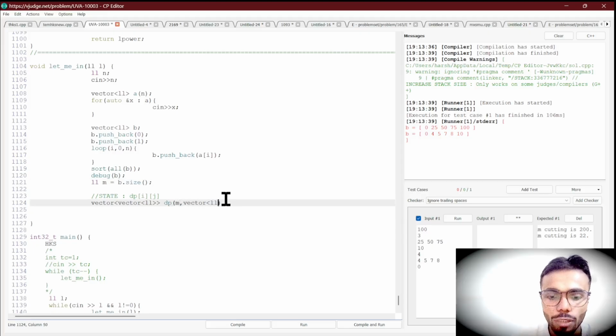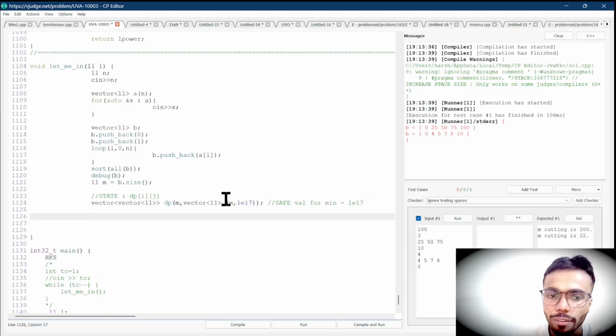And what do we initialize? Since I need to find the minimum cost, what would be the safe value for minimum? 1e17, our infinity. The safe value for minimum we initialize as 1e17, and that's why this gets initialized to 1e17.